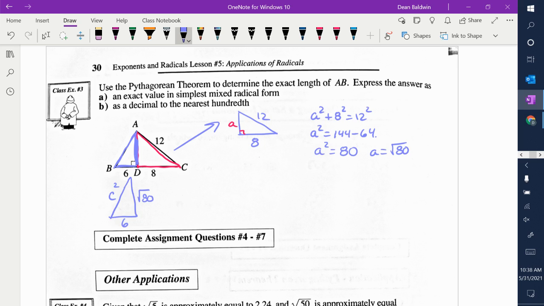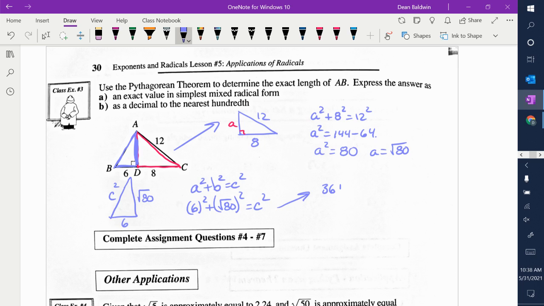Does that make sense to everybody? Okay. So now it's just a squared plus b squared again. A squared. 6 squared. If you square a square root, what do you get? Like if I square root 80, what do I get? You get just 80. Okay.